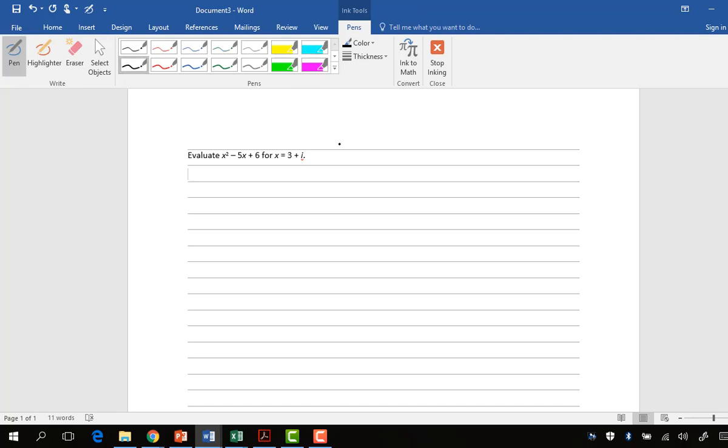One of the things we'll need to remember is that i squared equals -1. All right, so we are going to place 3 plus i in place of x in this expression.